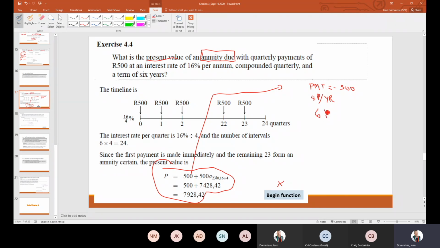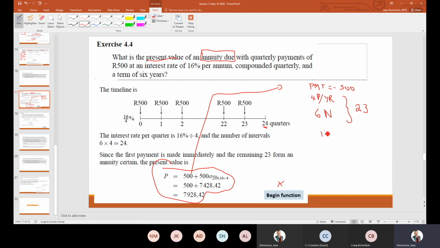So your N is 6, that is your 24 quarters, but you are not working this out for 24 quarters. In your calculator, it must actually only be 23 periods if you are working with this function.